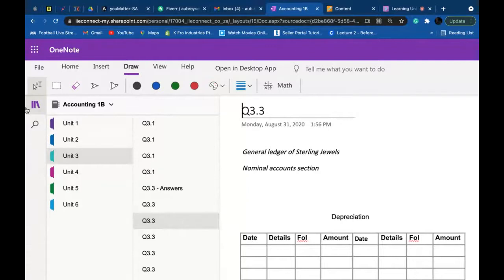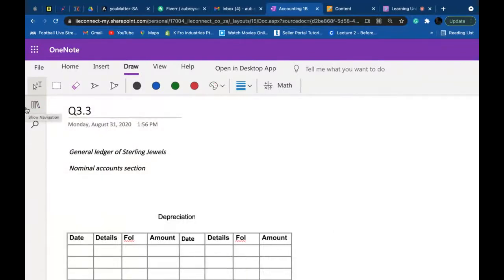It's the same exercise pretty much. Okay, so under the required, it says prepare the depreciation and accumulated depreciation accounts in the general ledger of Sterling Jewels, CC, for the financial years ending 31 August 2008 and 2009. Show the depreciation adjustments and closing transfers in the general journal of Sterling Jewels, CC, 31 August 2008 and 2009.